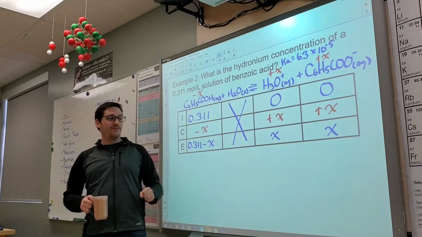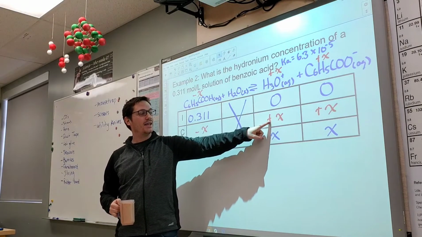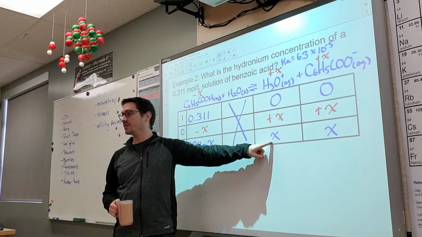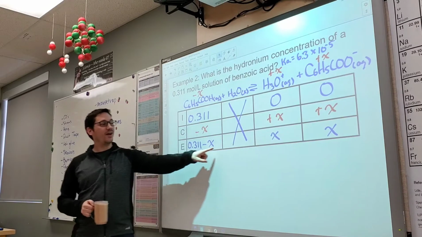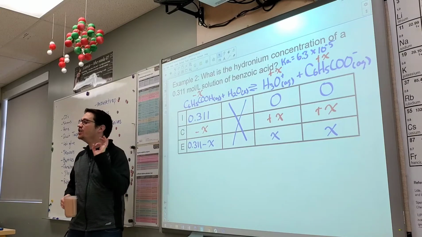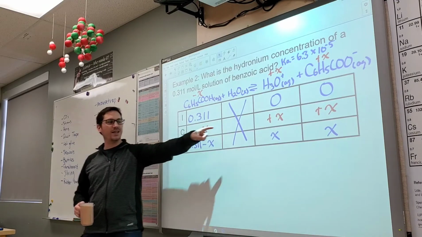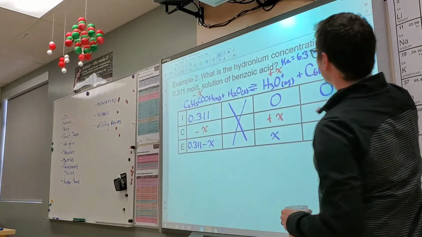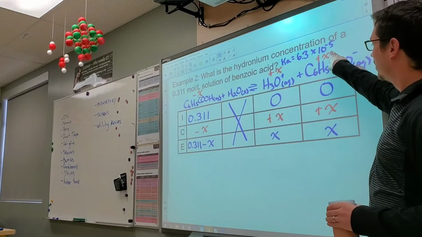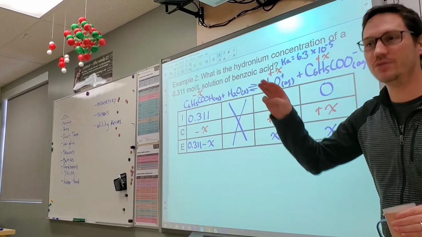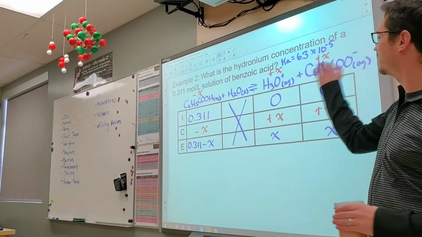Now, if I start at 0 and I gain x, is that a big deal? Should we keep this x here? Yeah, that's a super big deal, right? If I start at 0.311 and I lose x, and I know this change is tiny, teeny tiny. What's the Ka of this acid again? 0.000063.